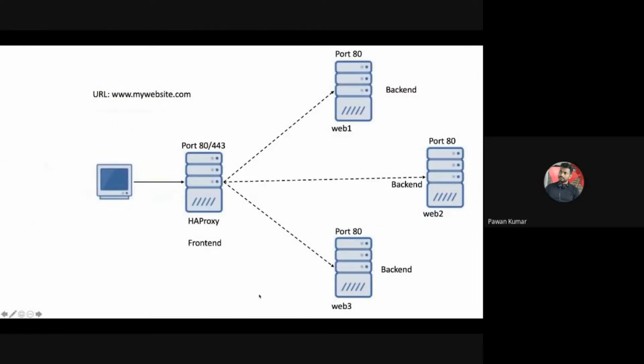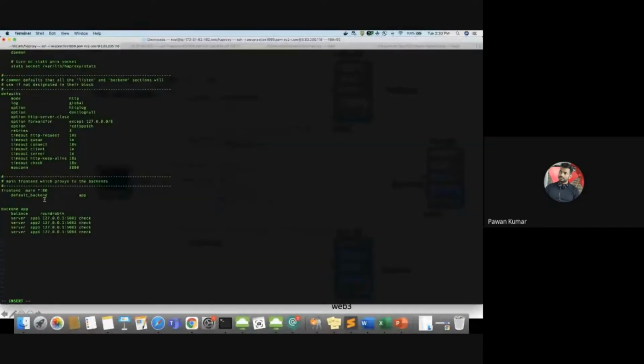When a request comes on port 80, let's say this website is running on 80, and whenever somebody hits it, it will come to the HAProxy and land on this frontend. The frontend will say, okay, this request is for me. Then it will go inside the frontend and see whether there is any backend for this 80 or not.